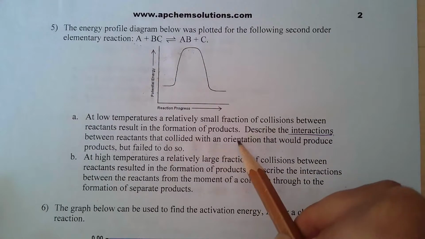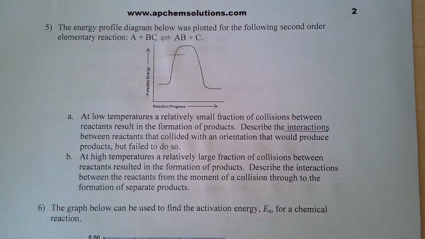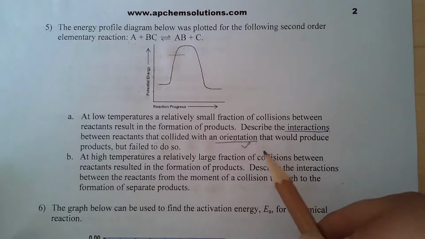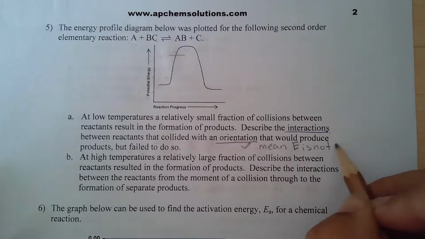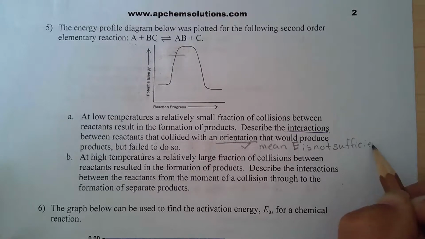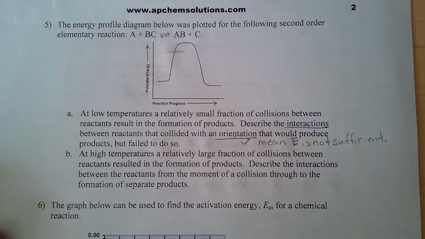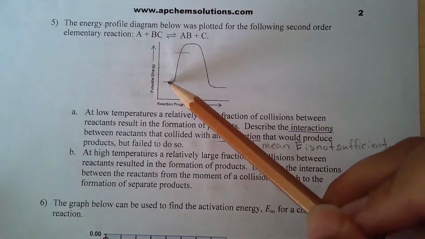So we know that the orientation was correct, which means the kinetic or the total energy was not sufficient. Correct orientation means the energy is not sufficient, so the two molecules will bond together temporarily, but they will not produce products. So the temporary bonds will lose potential energy, and they'll come back down to your initial reactants.